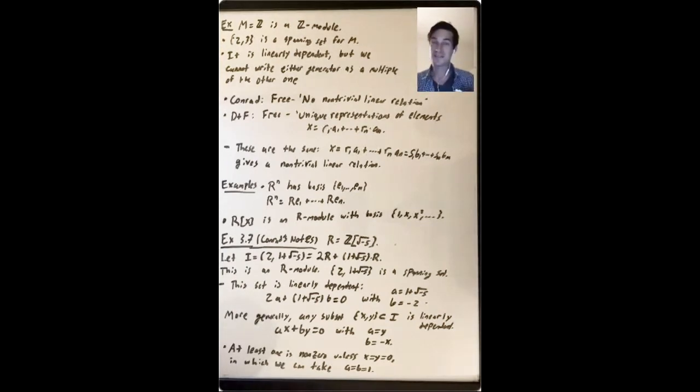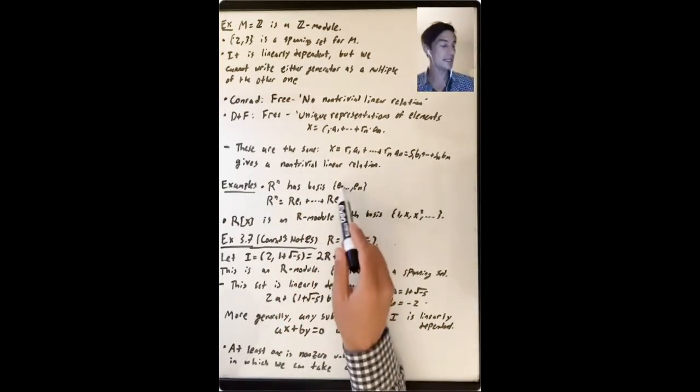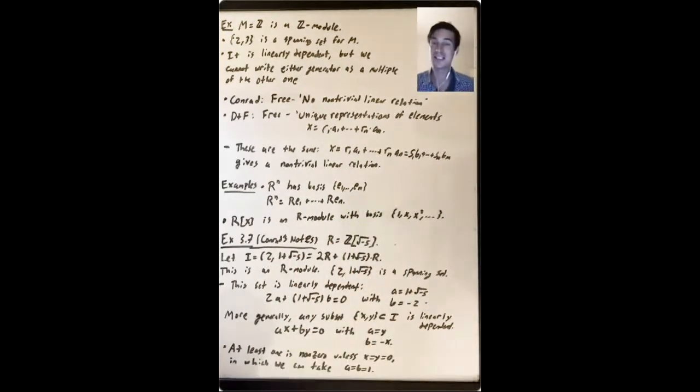So for the rest of this video, what I want to do is just give a couple of examples. Part of the point here is just to use the language of basis and spanning set and linearly independent or dependent. But I also want to highlight an example that I think is important to keep in mind. All right, so R^n has basis e1 up through en. This is something we've already seen when we talked about generating sets.